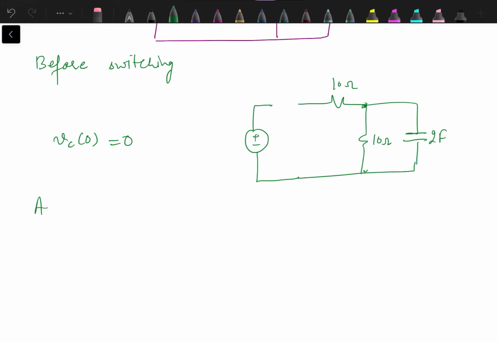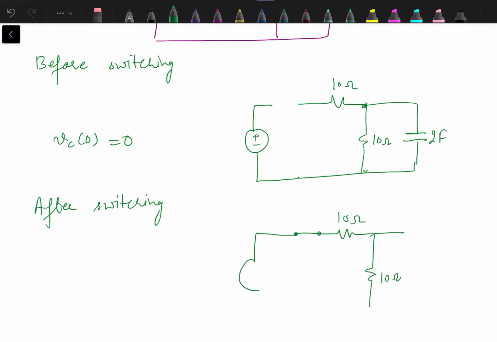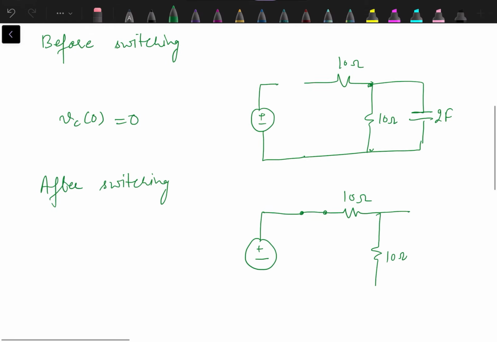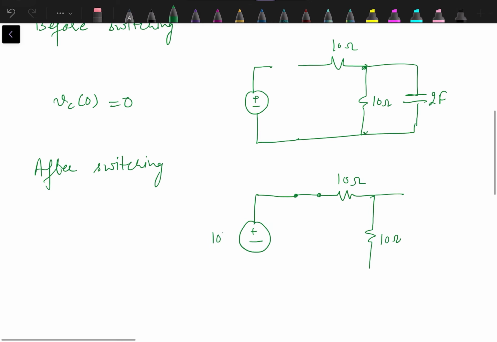So after switching, what we have in the circuit: the switch is closed, 10 ohm resistance, 10 ohm resistance, and here we have a 10 volt source, and this capacitor will behave as an open circuit once the steady state condition has been reached, and there we calculate Vc infinity.